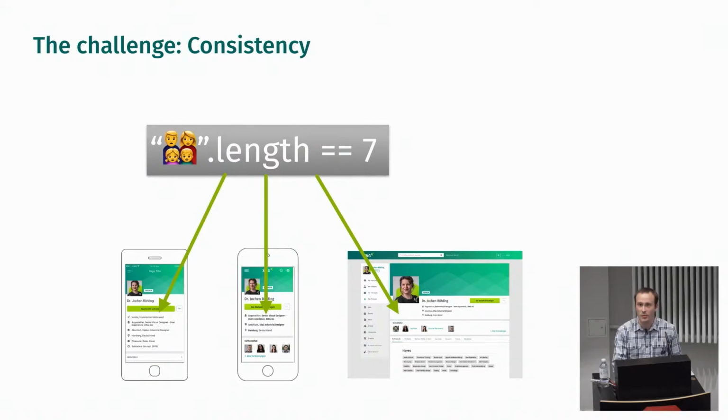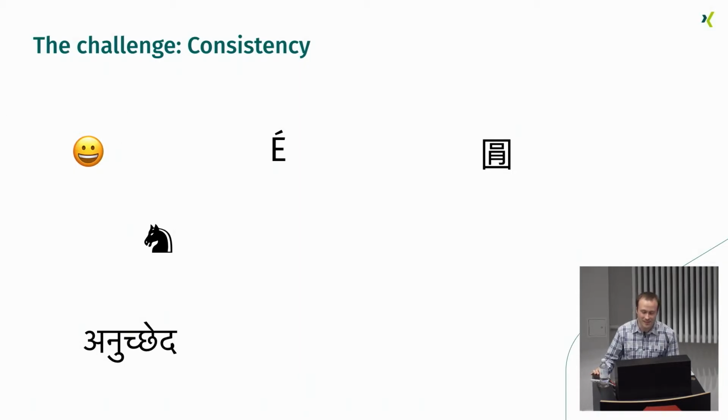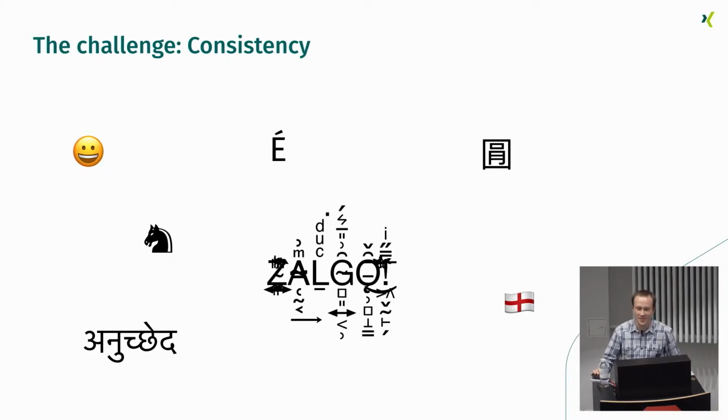I will walk you at first through what you may think about when counting characters and how we concluded. So consider these characters: an accented Latin character, an emoji, a pictograph, a Chinese character, Devanagari text, a slightly more complex emoji, and Zalgo text.